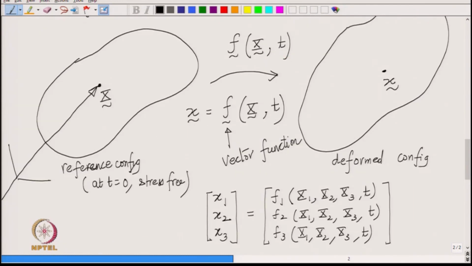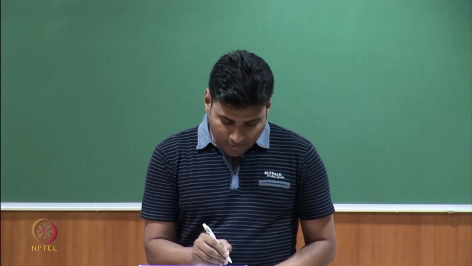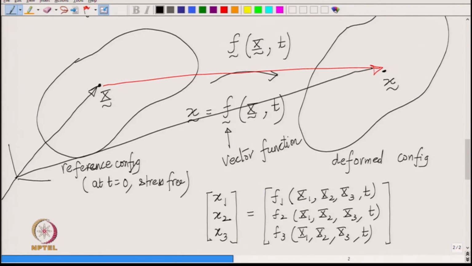Okay. And if somebody asks you what is the displacement, so displacement is simply final position minus the initial position. So, that is going to be, if you just join big X to small x, that is your displacement. Right. So, the red line here is the displacement, which we will denote by u.